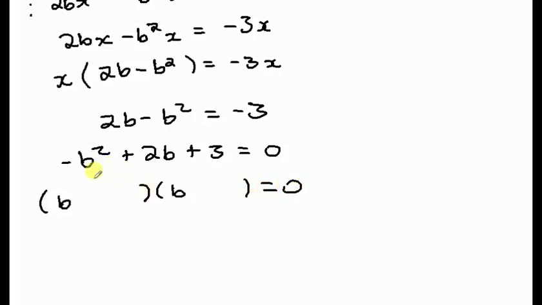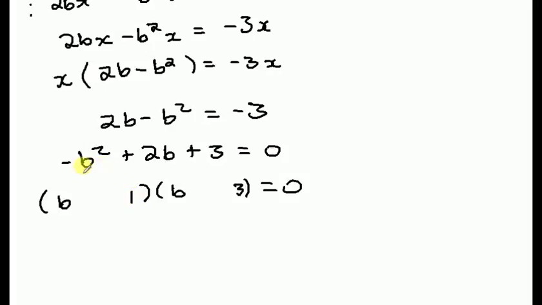So b multiplied by b, b squared, sorry. Then the number that when we multiply it gives us 3, and when we add it gives us 2. We are only going to have 3 and 1.